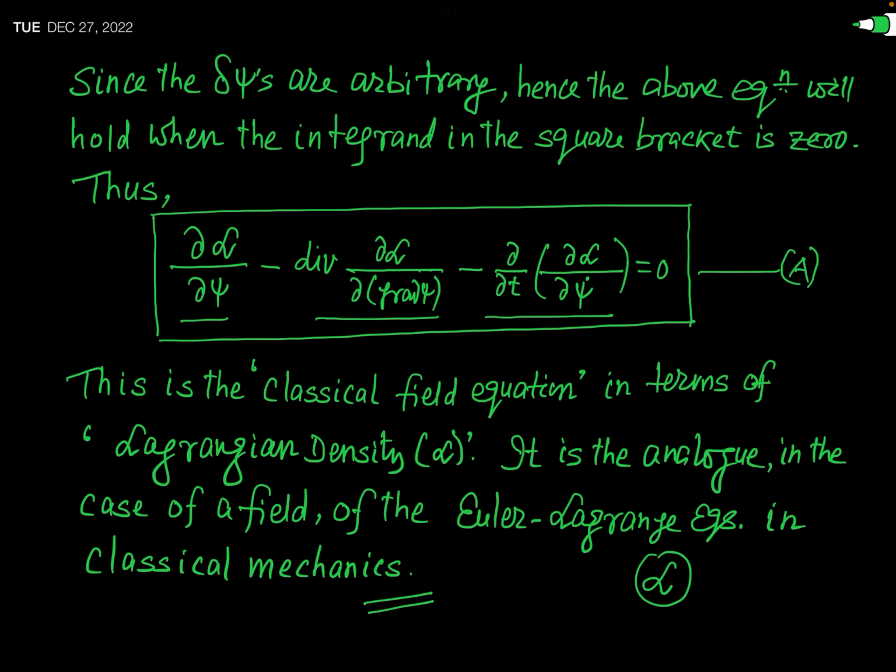And when you compare this equation with the Euler-Lagrange equation, which is in this form, d dt del L by del qi dot minus del L by del qi equal to 0, you see that this field equation in terms of the Lagrangian density is analogous to the Euler-Lagrange equation of classical mechanics for a mechanical system.